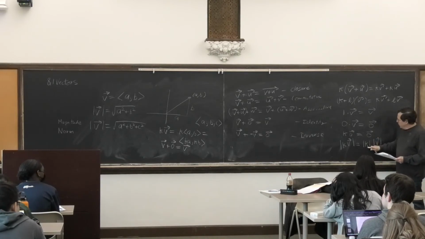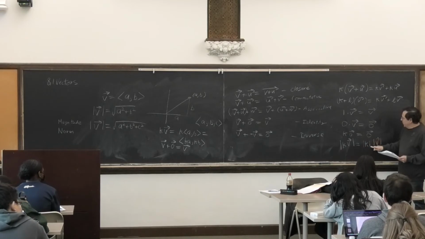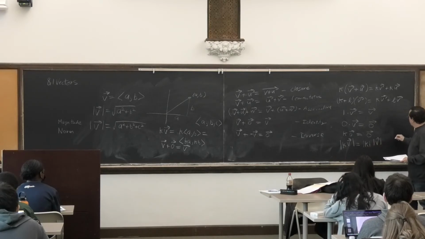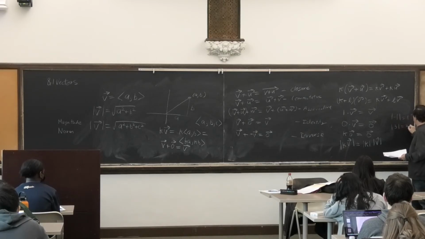The confusing part here is the vertical bars. They intuitively mean the same thing, but they're actually different. This is just taking some number, like -1 is 1, or 3 is 3.